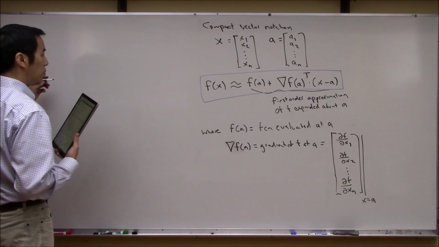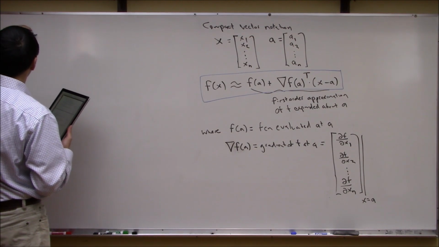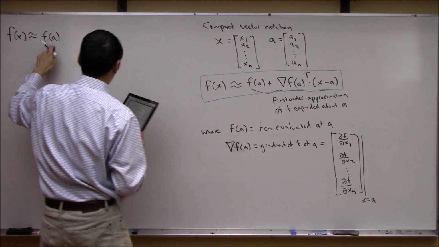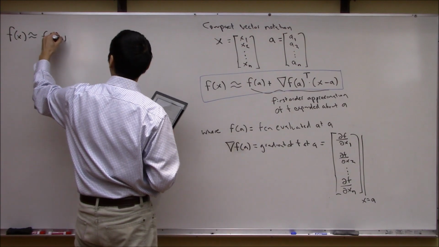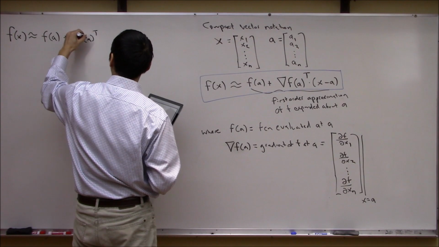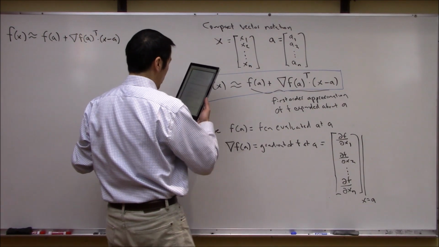Okay, so now the second order approximation of f of x looks very similar. So again, you can think about the n equals 0 term, and now here's the n equals 1 term, a dot with, right? And now we need the n equals 2 term.